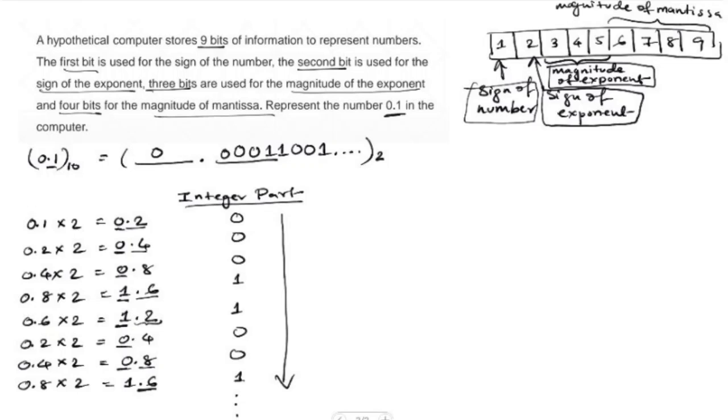So let's say if you want to represent this number here, which is 0.000110001, in floating point, what we have to do is take the decimal point to a place where the number before the decimal is non-zero.